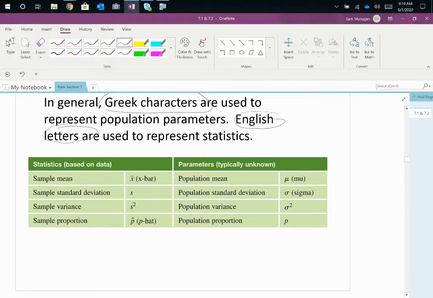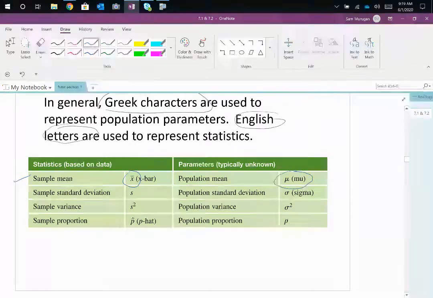Easy to remember it that way. So a sample mean, which is a statistic, is represented by the English letter x bar. A population mean, which is a parameter, is represented by the Greek letter mu.